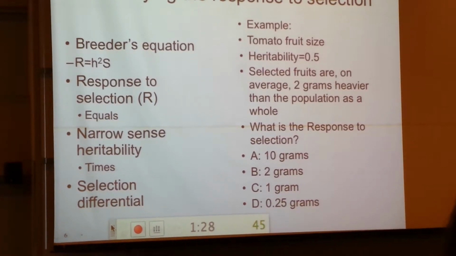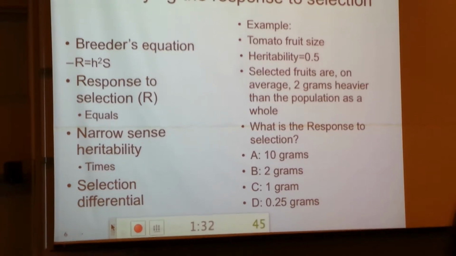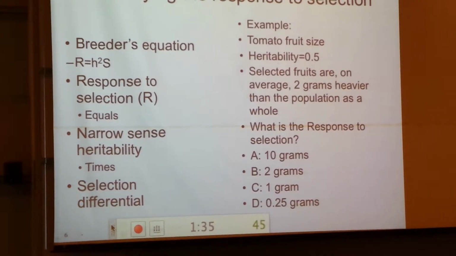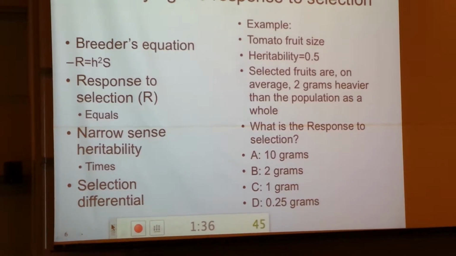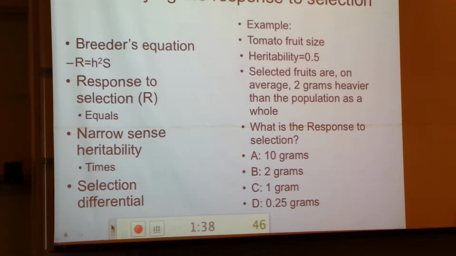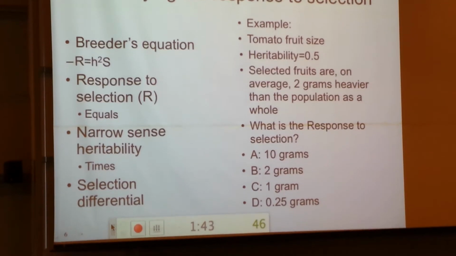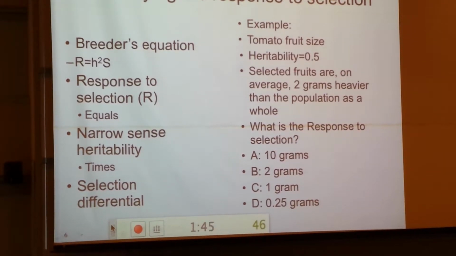Well, let's see, heritability is 0.5. And what's our selection differential? 2. Should be B, right? 0.5 squared. Sorry.